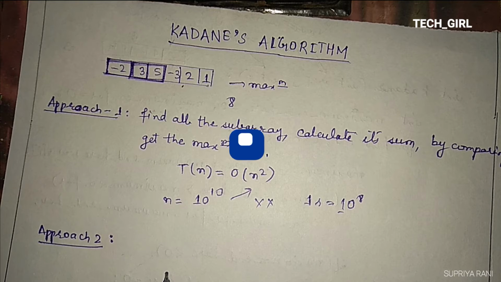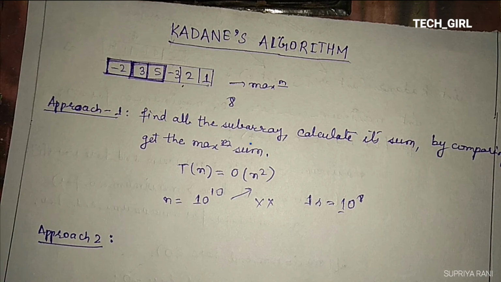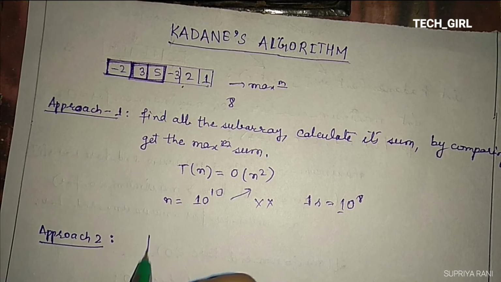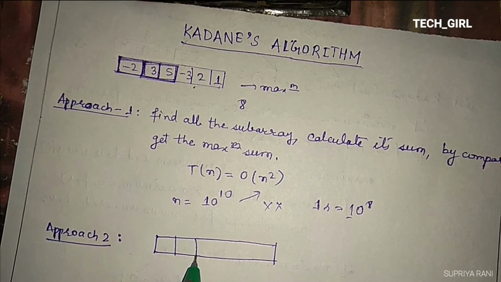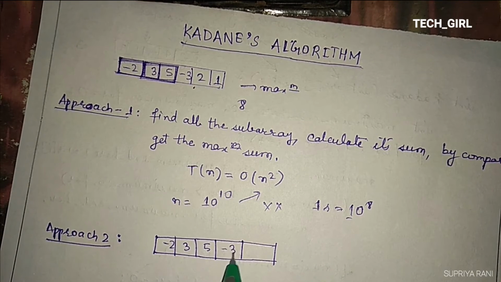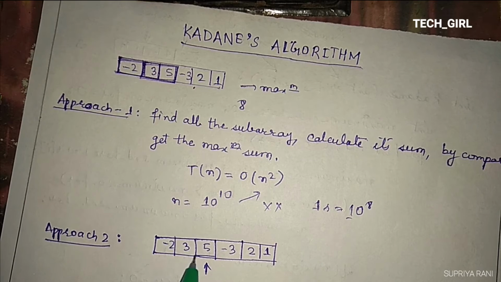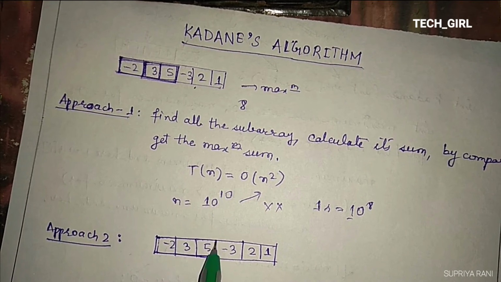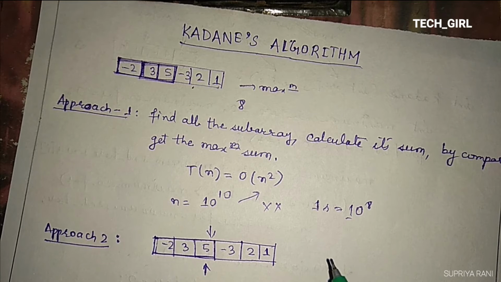Now, I'll first try to explain the logic behind Kadane's algorithm. What Kadane's algorithm says is that for any index, I will not think about the whole array. I'll think about a small array, and I'll try to find out what the maximum sum possible is till this ith index, right?